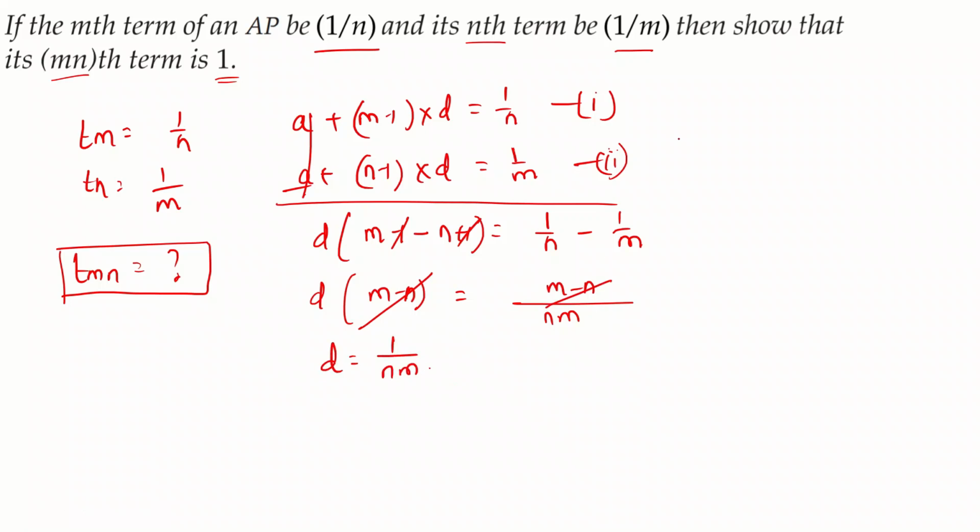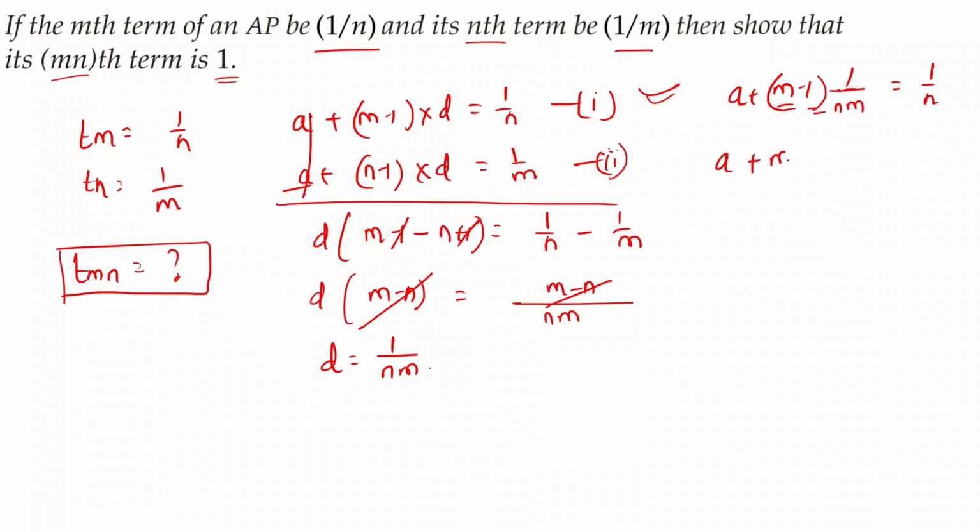We just put this value of D in any of these equations. I'll put it in the first one. So A plus m minus 1 times 1 by nm is equal to 1 by n. I can split this 1 by nm across each of these terms.